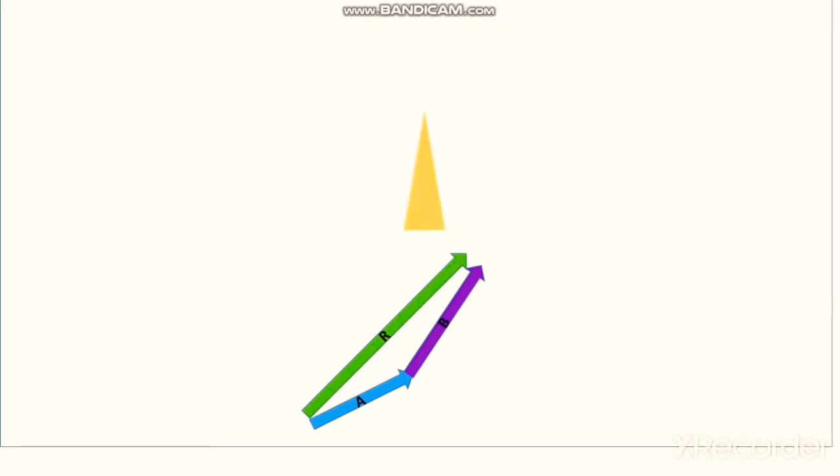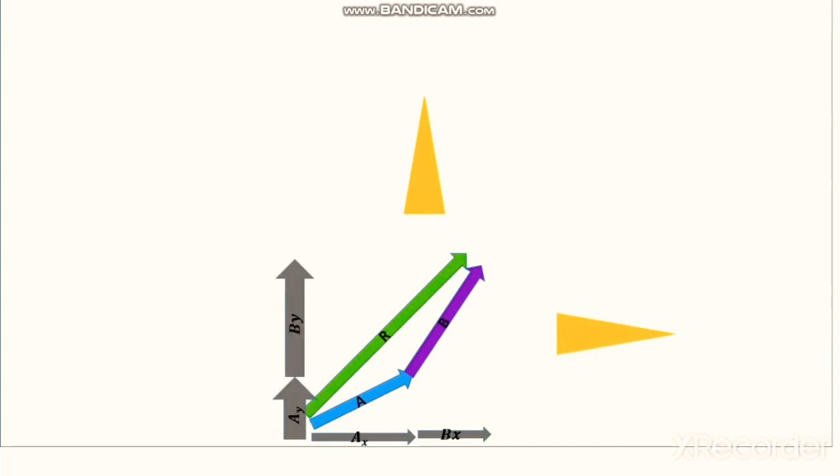Now we first resolve these two vectors A and B into components. For this, if the light is falling from above, the projection of vector A and vector B along x-axis will be formed as AX and BX. AX and BX are the x components of vector A and vector B. AX is the projection of vector A and BX is the projection or shadow of vector B. And if the light is falling from the right, the components AY and BY will be formed along y-axis.